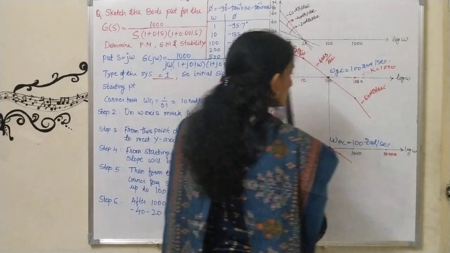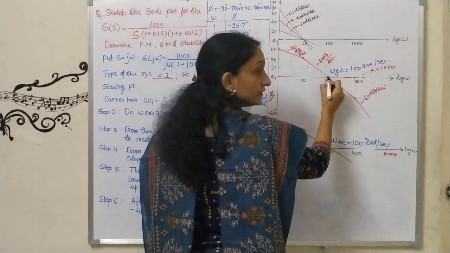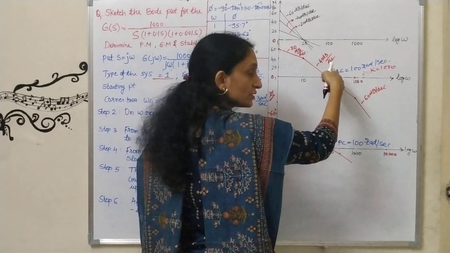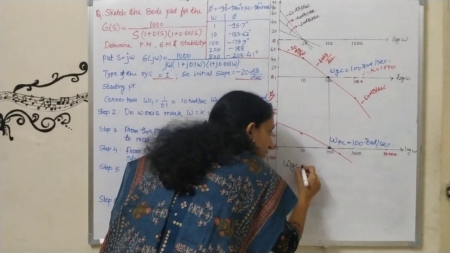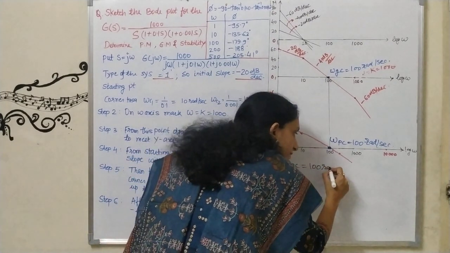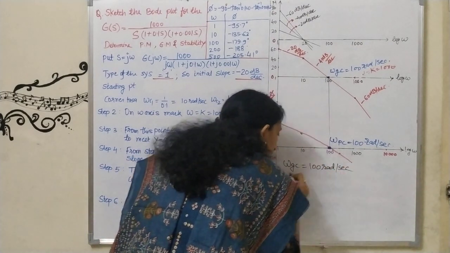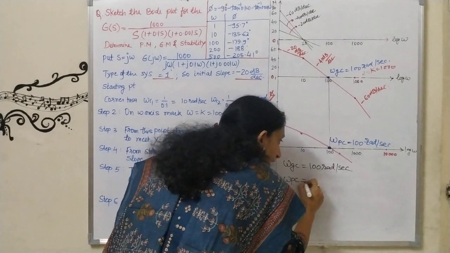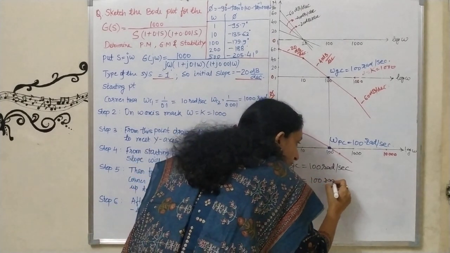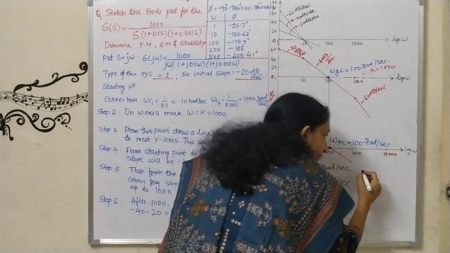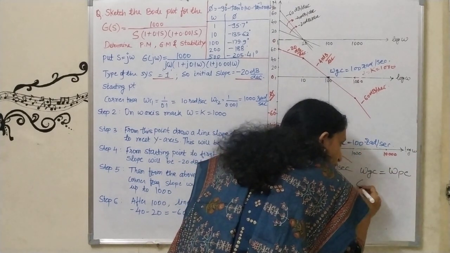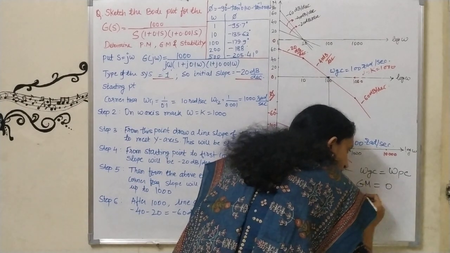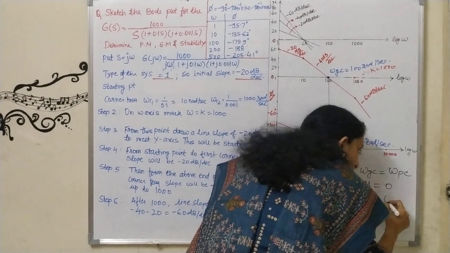Okay, it is intersecting same here, no difference between 0 dB and a point of intersection. So what will I write? I will write omega GC as 100 radian per second. Okay, I will write omega PC as 100 radian per second. Okay, and I will write omega GC is equal to omega PC. So gain margin is 0, phase margin is equal to 0.